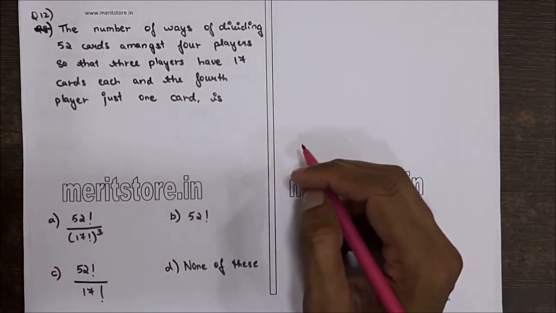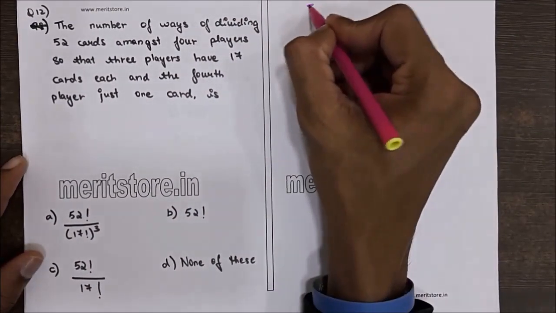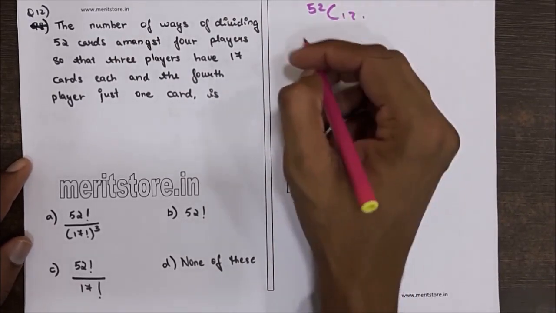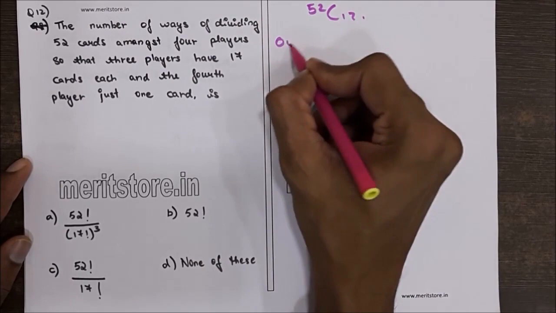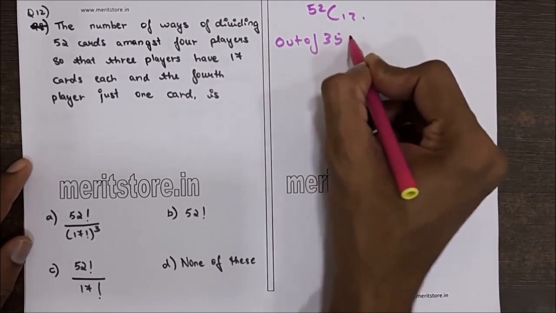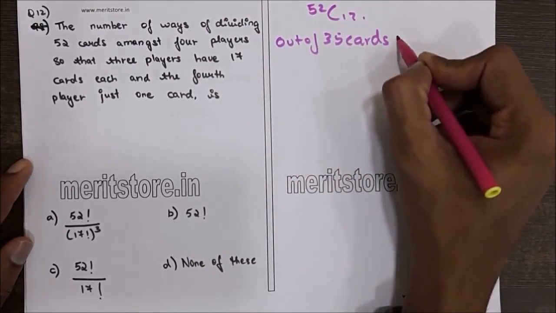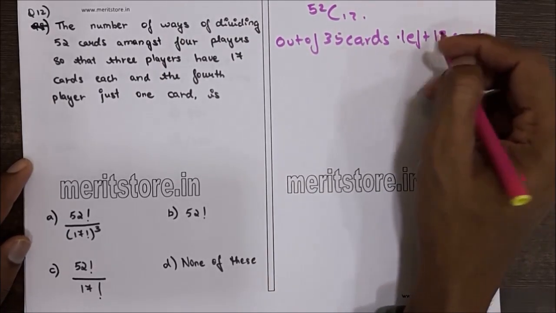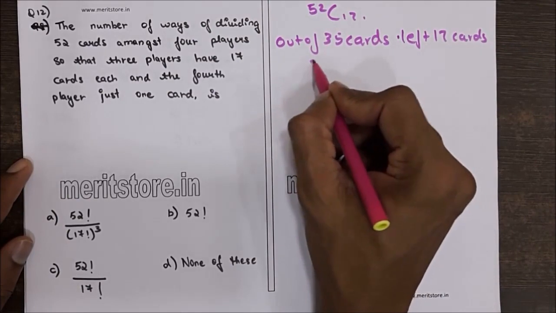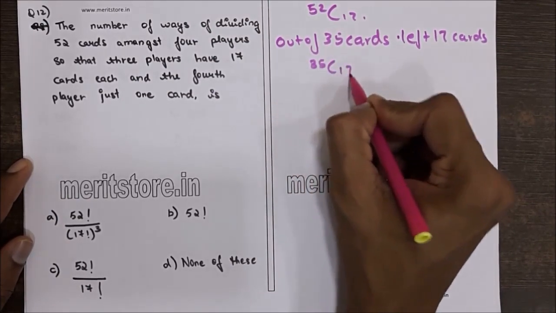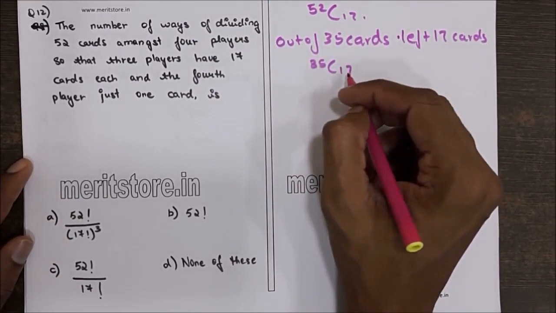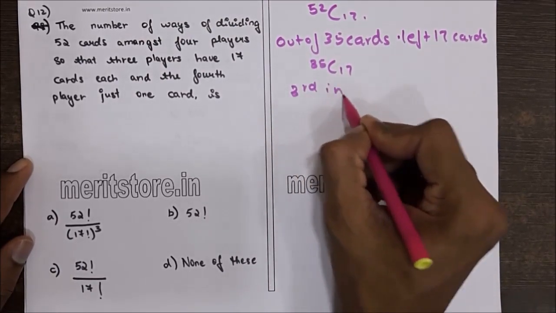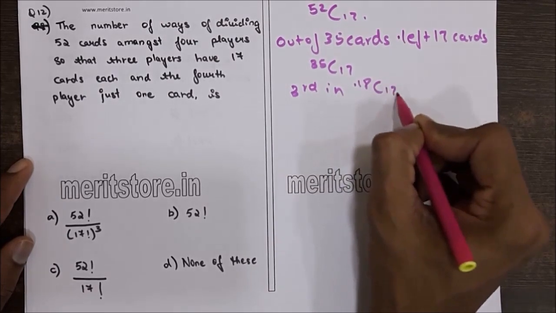For the first set, the number of ways is 52C17. Now out of the remaining 35 cards, 17 cards can be put for the second set in 35C17 ways. Similarly for the third, in 18C17 ways.